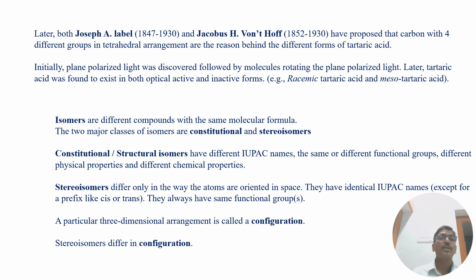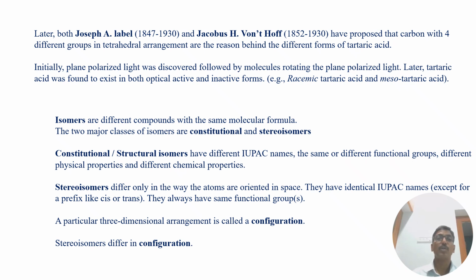So if you look at the history, initially plane polarized light was discovered, and then molecules rotating the plane polarized light. Later, tartaric acid was found to exist in both optically active and inactive forms. That is the racemic tartaric acid and mesotartaric acid. There was a logic behind it: the molecule carbon with four different groups.